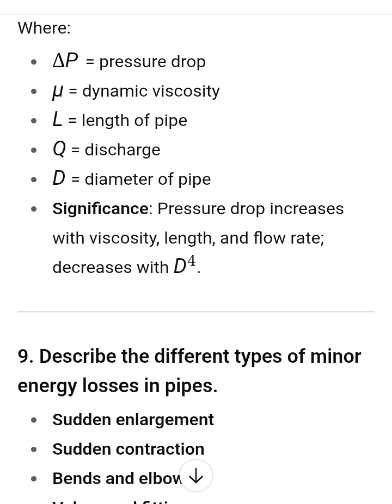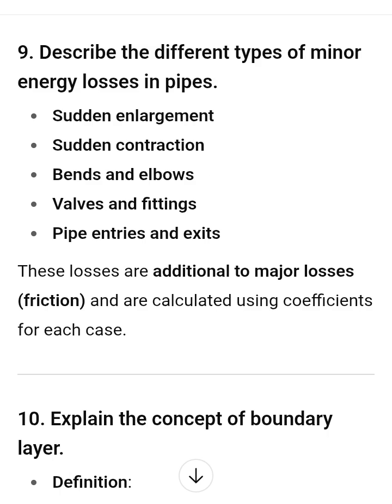Ninth question: describe the different types of minor energy losses in pipes. These losses are additional to major losses, friction, and are calculated using a coefficient for each cause. When water or liquid flows, some losses are created in a pipeline.